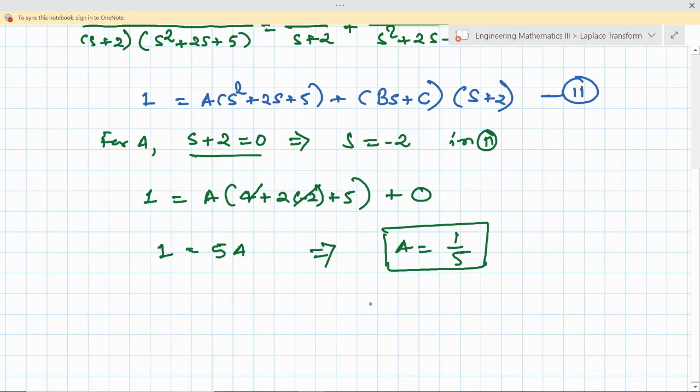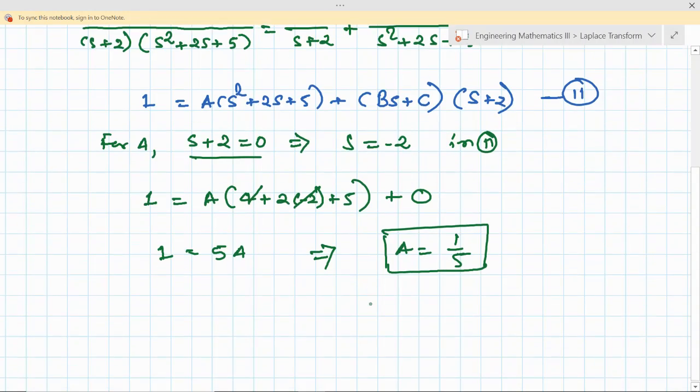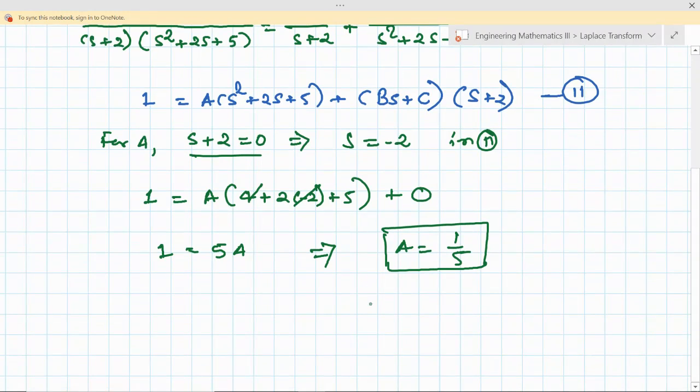Now once we have a as 1 by 5, simply take s is equal to 0 and a is equal to 1 by 5, and you will get c. If you take s is equal to 0, then this b becomes 0.